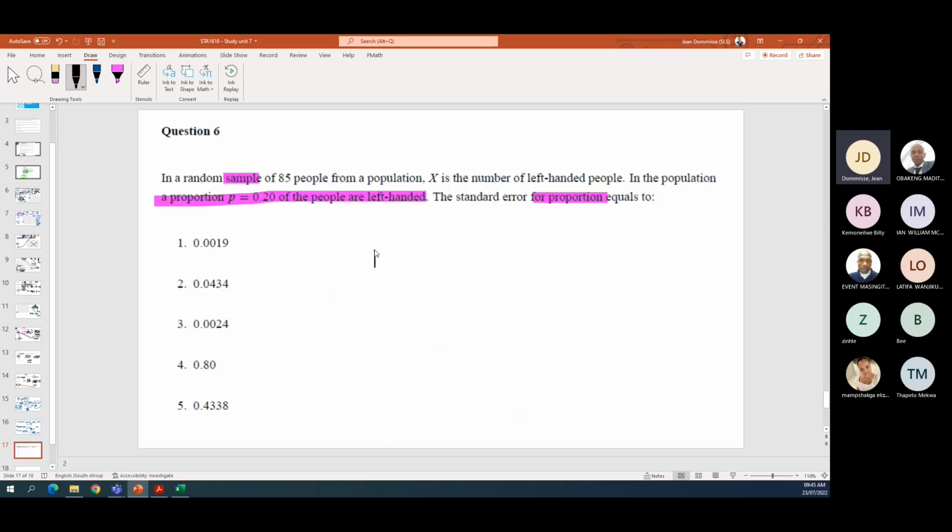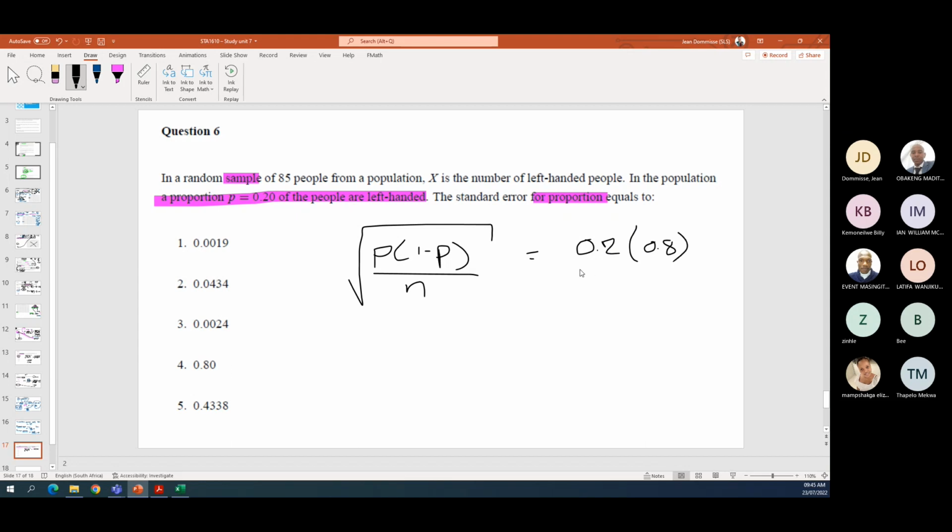The square root of P times 1 minus P, divided by n. So let's see, 0.2 times 0.8 divided by 85.